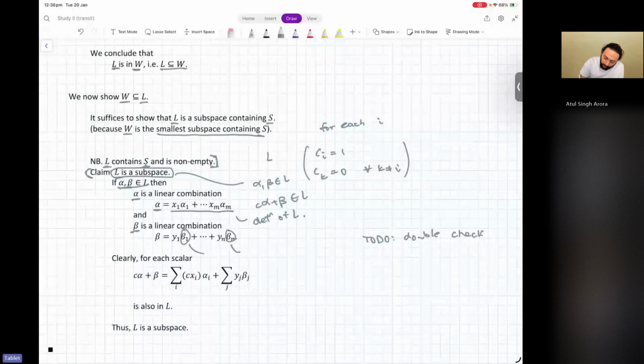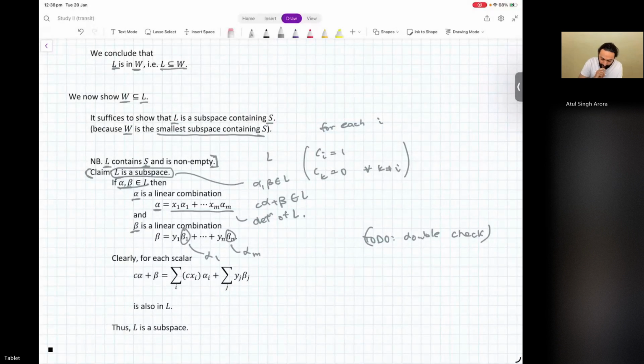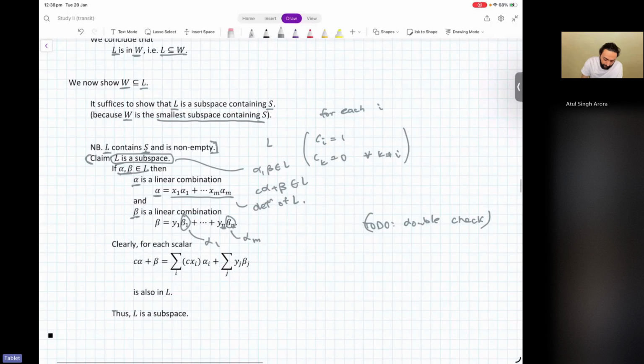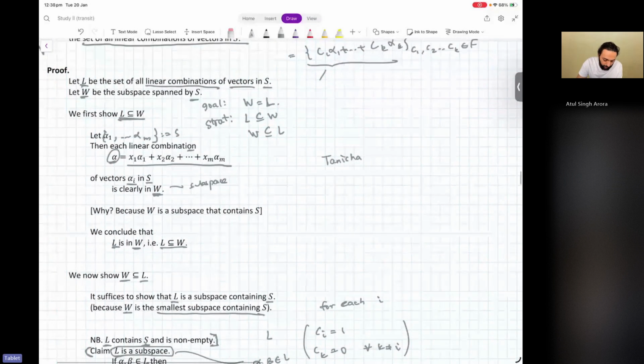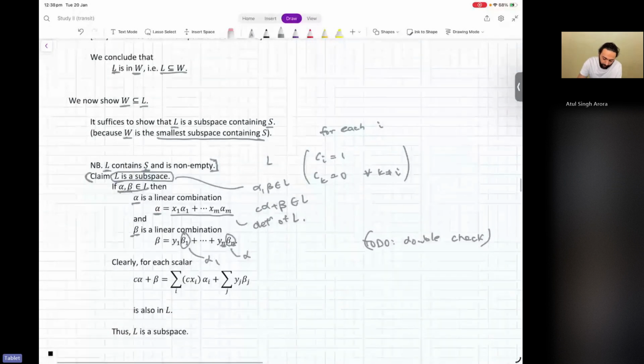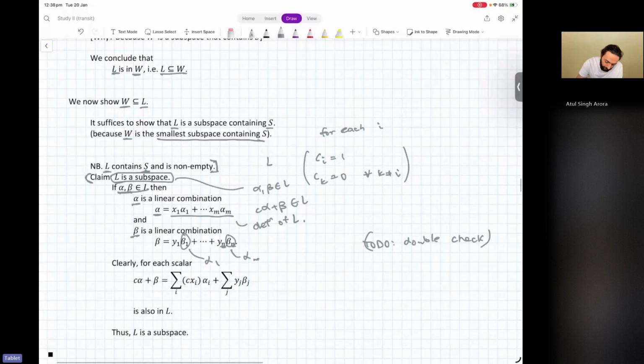It looks like one should be able to take alpha 1 to alpha m, but it also has n. I think I just messed up here. Oh no, but they don't necessarily have to have the same number. It is correct. So it should be m. Then it's fine: y1 to ym.